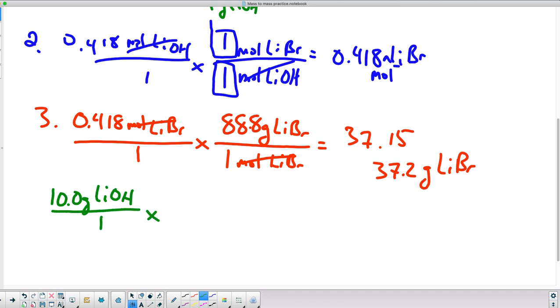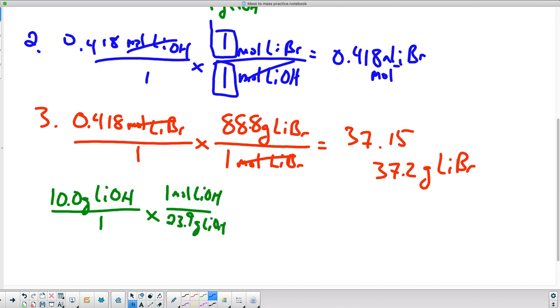So the first step here in green is going to be changing grams to moles. And I do that by taking 1 mole of lithium hydroxide equals 23.9 grams of lithium hydroxide. Okay, that is my first step.